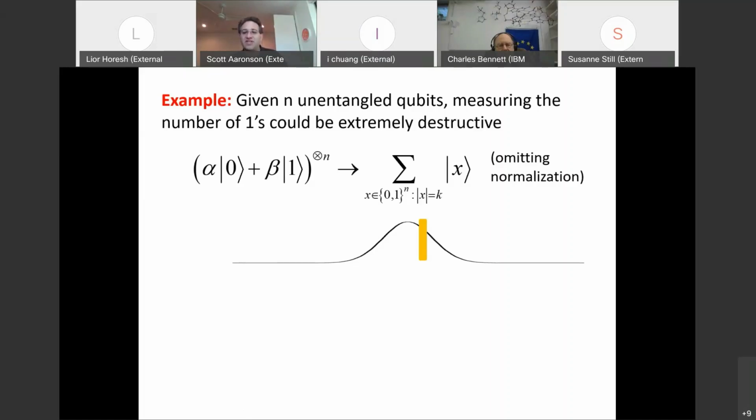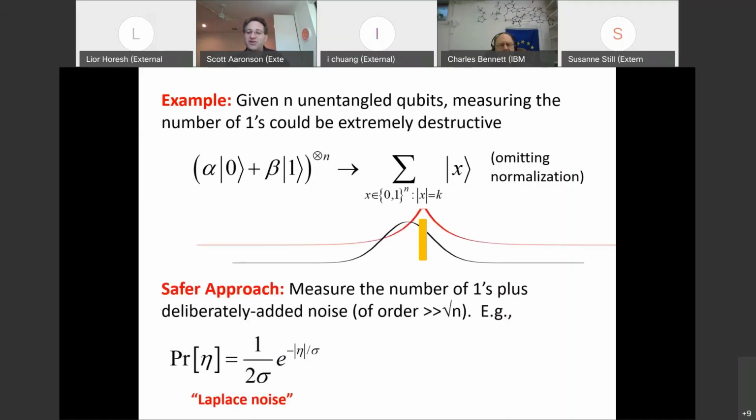But the physicists have known for a long time that there is a safer thing I can do that still tells me a lot about the Hamming weight, and that is to deliberately add noise to my measurement outcome before I measure. I can say, I want to make a measurement that only tells me the Hamming weight plus some, for example, Laplacian noise that I've deliberately added.